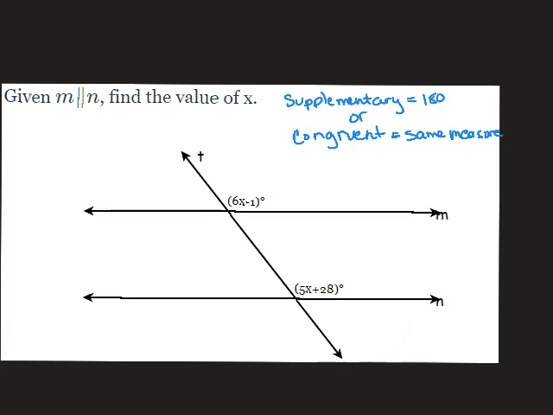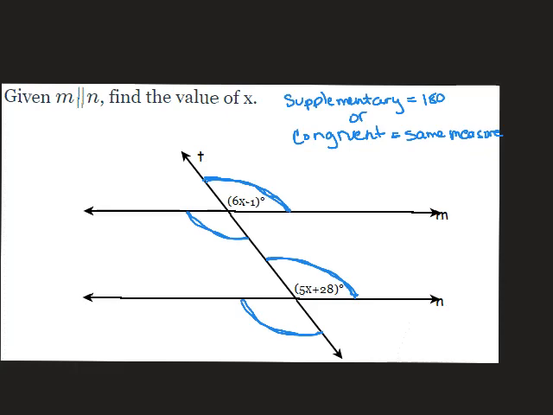Well, it's congruent. And I know that because this angle is vertical angles with this angle. This angle is corresponding with this angle. This angle is alternate exterior with this angle. And this angle is vertical angles with this angle, is alternate interior with this angle. So there's a lot of reasons why I know for sure that these two angles are congruent.